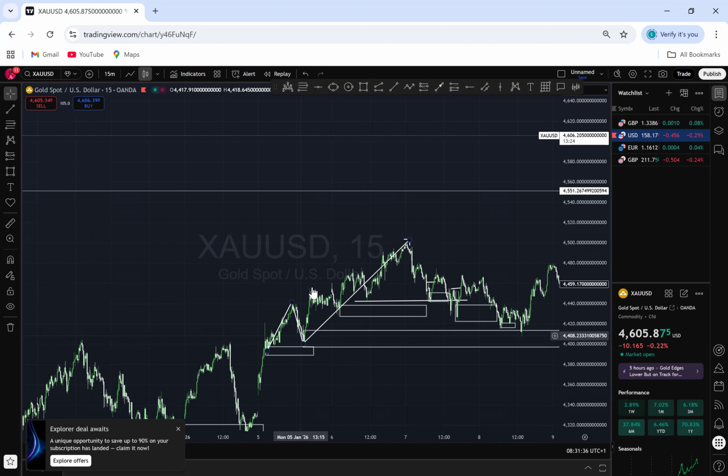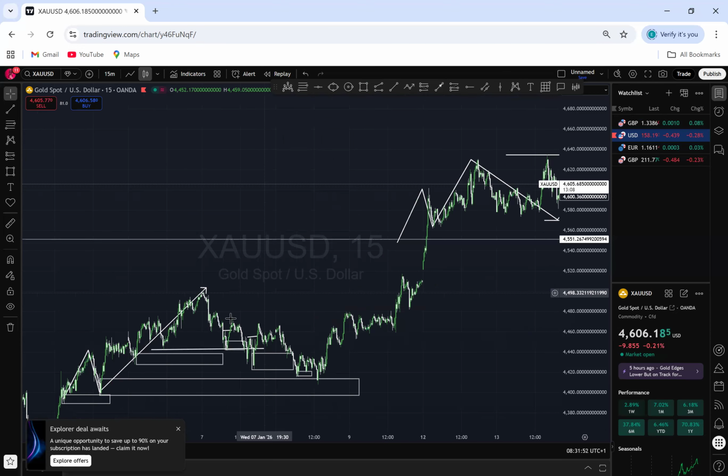And that's why you hear people say trading is 90% waiting. Once you do your markups, you wait for price to come to an area of interest. Hope that answers your question, sir.